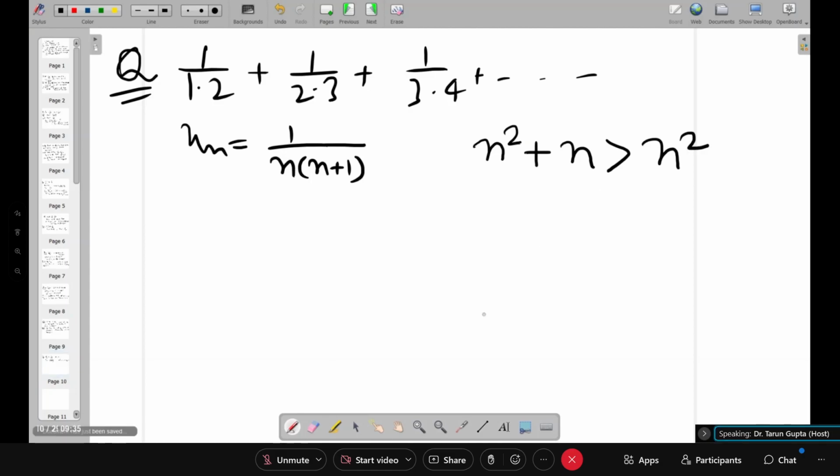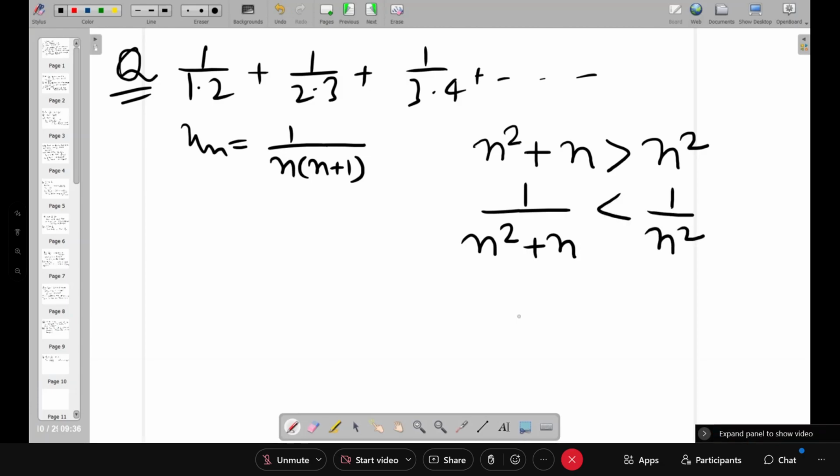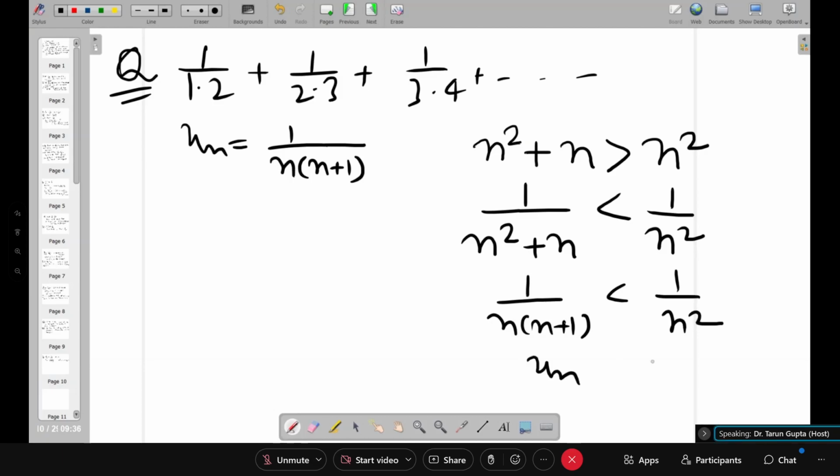So we can say that 1 upon n into n plus 1 is always less than 1 upon n square. This is Un and this is Vn. So here we are able to find a Vn sequence such that Un is less than Vn.